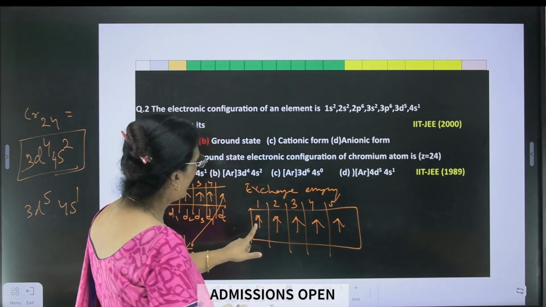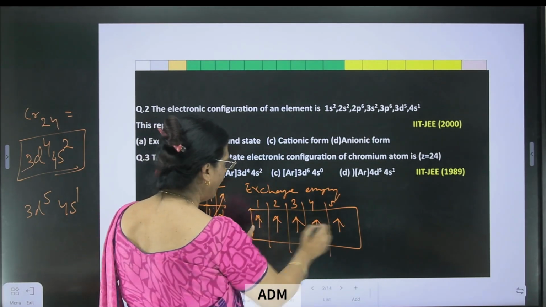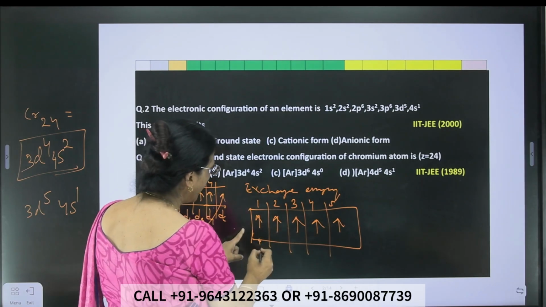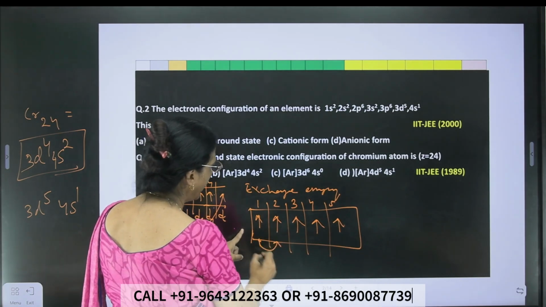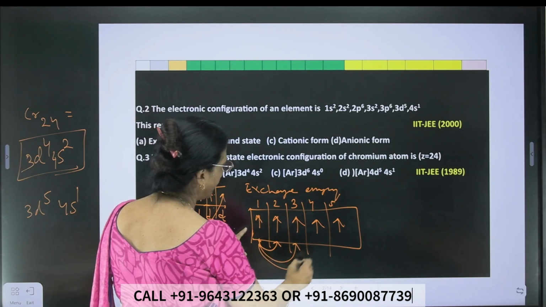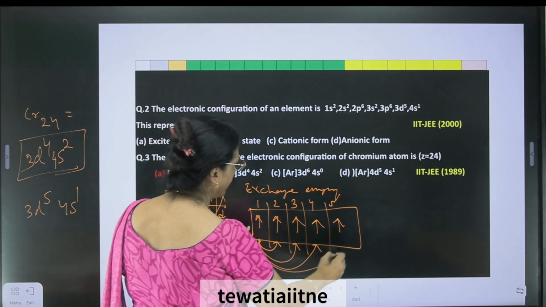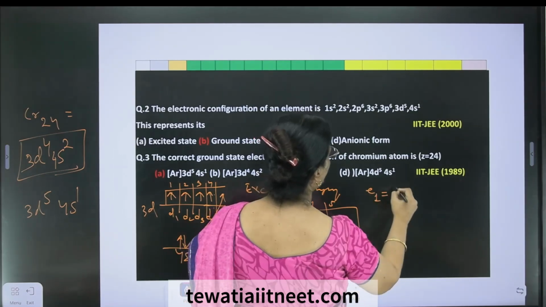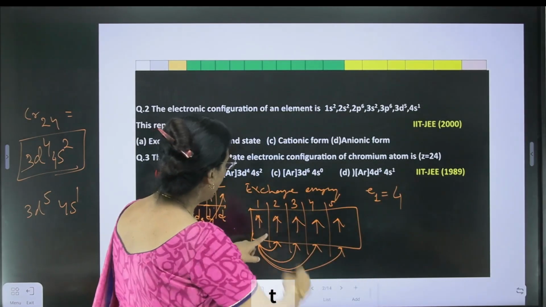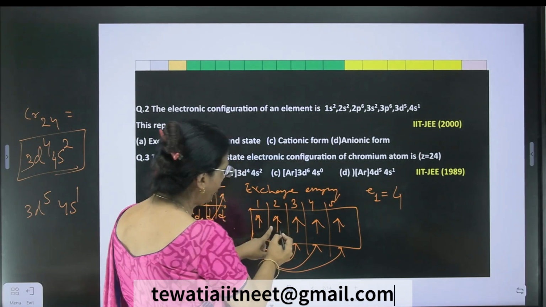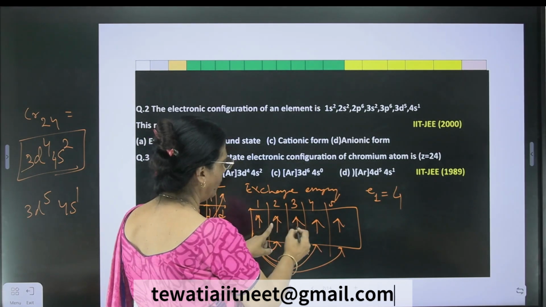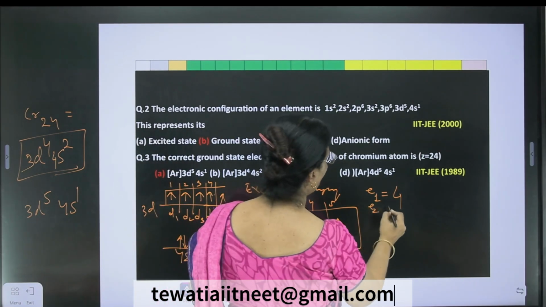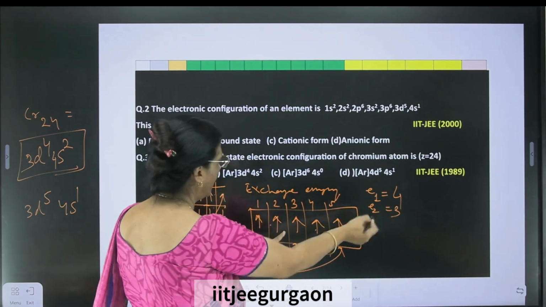Now, electron 1, these are all having the same spin. So, it can exchange with this electron, this electron, this electron, and this electron. So, electron 1 has 4 exchange options. Similarly, electron 2 has 3 options for this exchange.